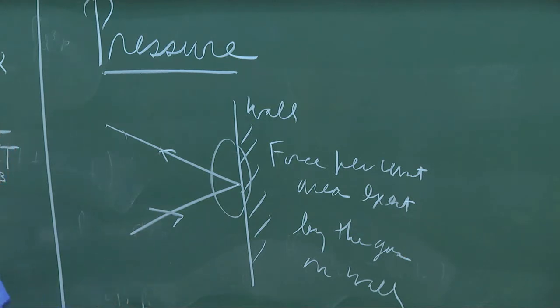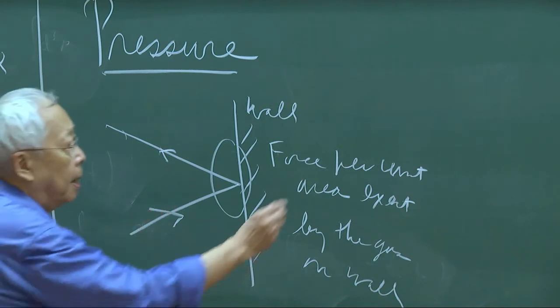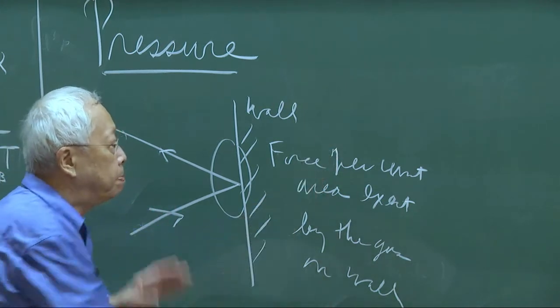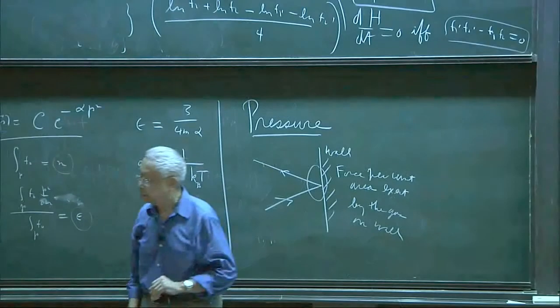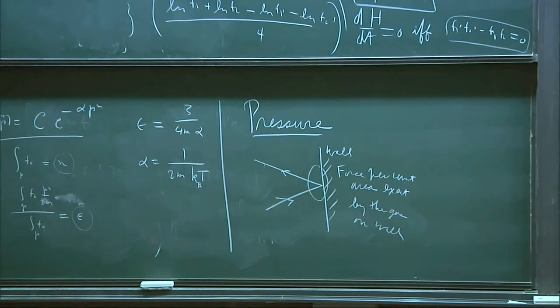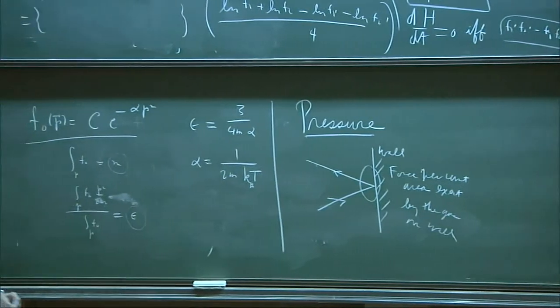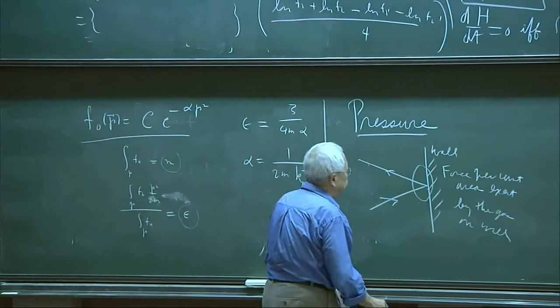So all we have to do is to calculate the momentum that is imparted by the gas to this wall per second, per unit area. Now this is easily computed because we have the distribution function. We know the distribution function, so let us compute it using this definition.